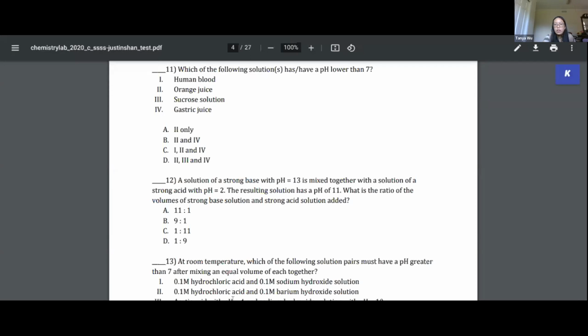Okay, so I didn't exactly say this, but human blood has to keep a very small range, so it's almost neutral.